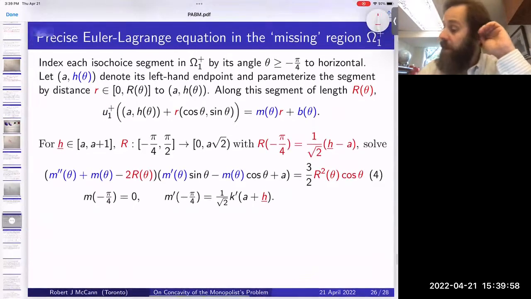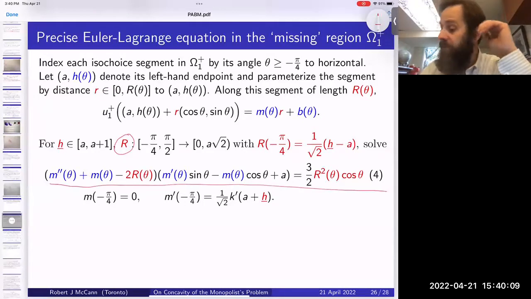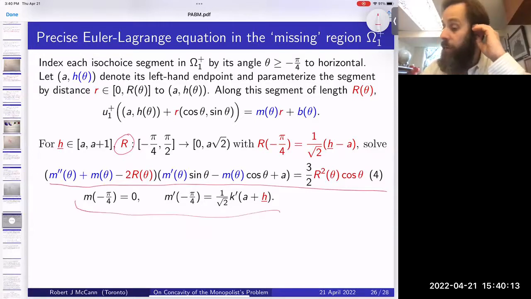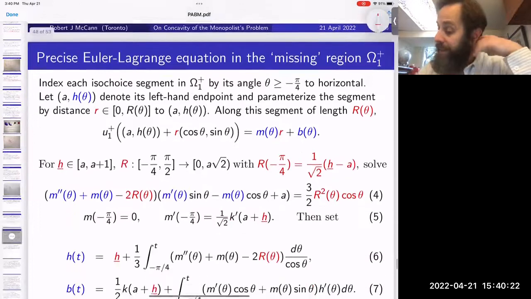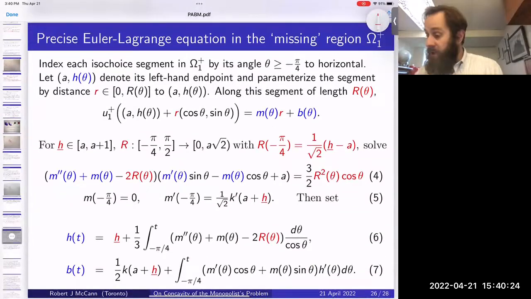And it turns out that if you're willing to choose R a priori, then m is determined by trying to solve this quadratic ordinary differential equation subject to these boundary conditions at the lower boundary on the value and derivative of m. And that, of course, depends on the solution on omega 0, k, that we already wrote down. And once you solve this equation for m, you can recover the height and the offset b just by quadratures, by doing integrals.